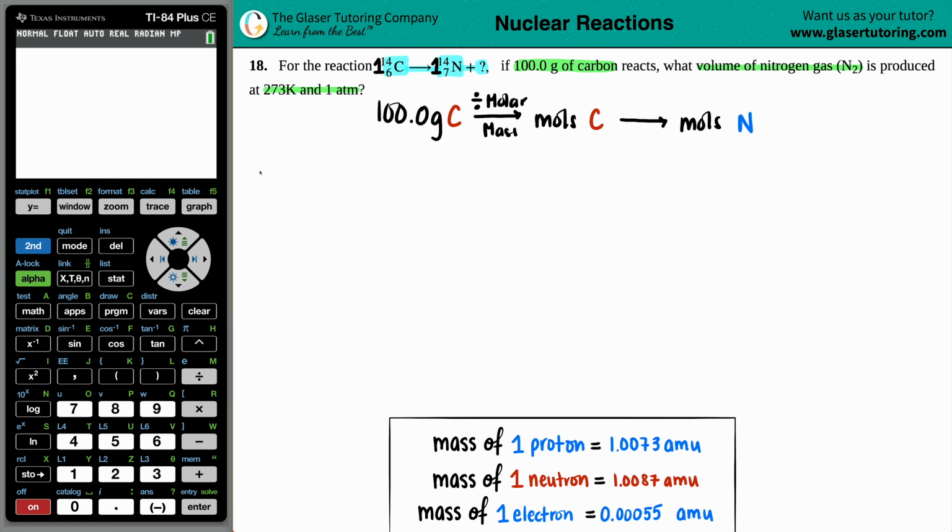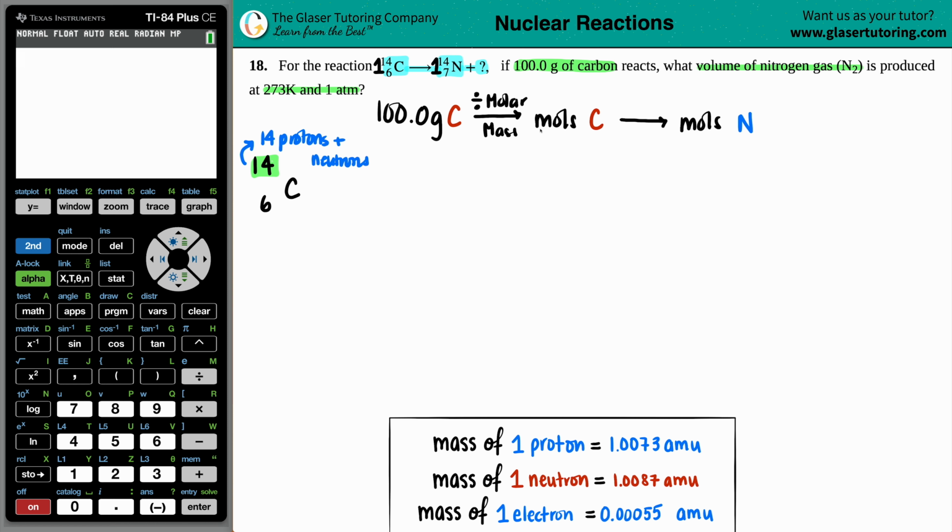Well, they told us we had carbon-14, with the big number 14 on the top, C, and a 6 on the bottom. The 14 on the top indicates that you have 14 protons and neutrons. That's the atomic mass.